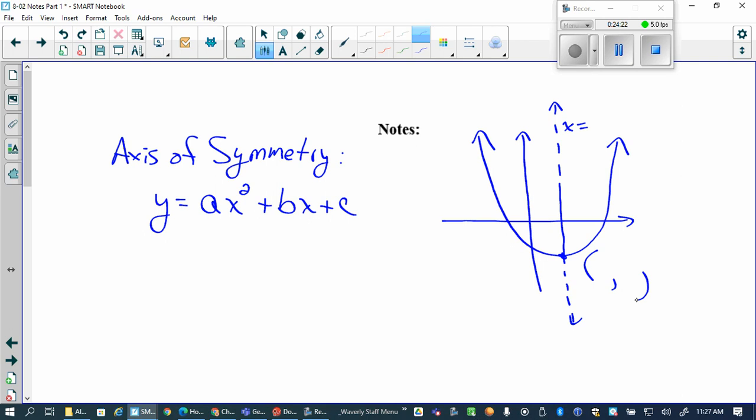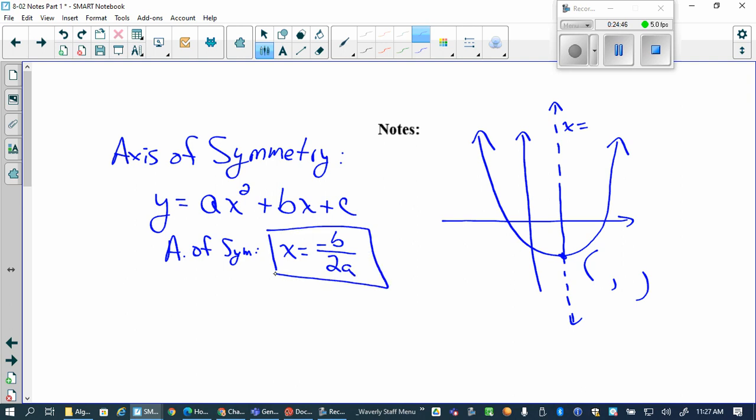Okay. All right, so when you have your equation in this form, you know how to find what a and b and c are, the numbers, right? All right. Well, the axis of symmetry is the equation x equals negative b over 2a.